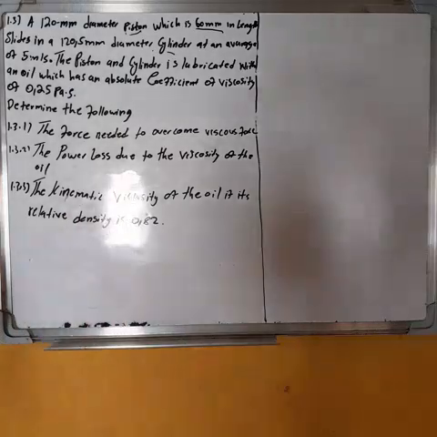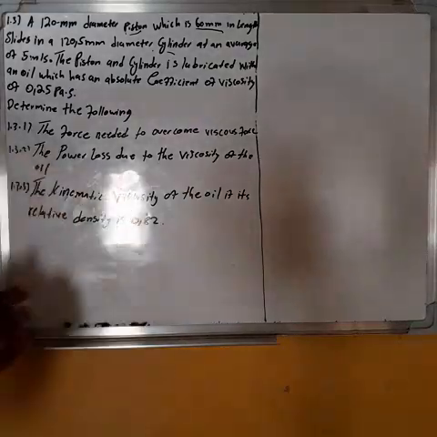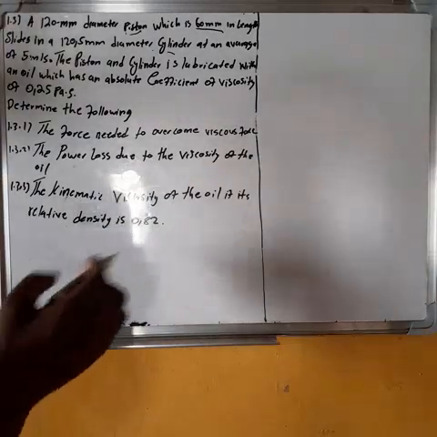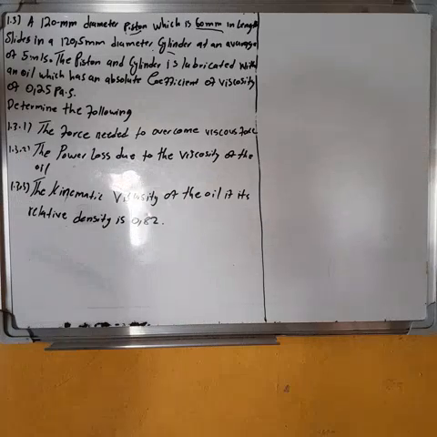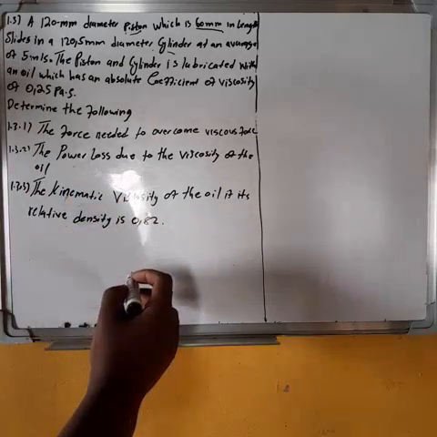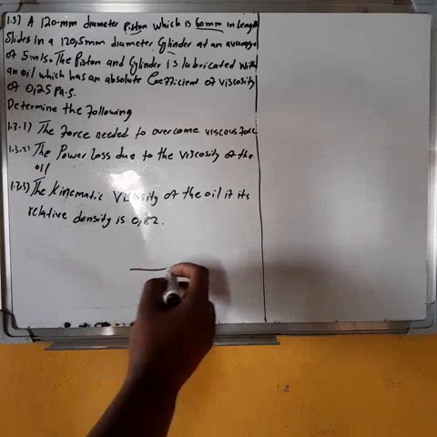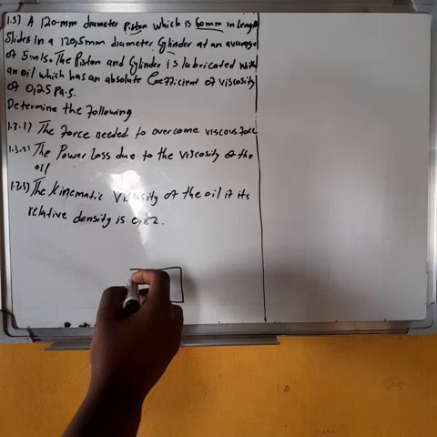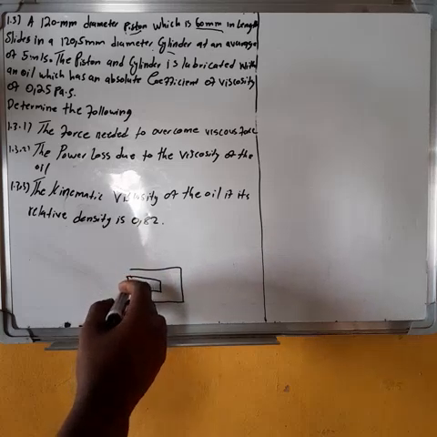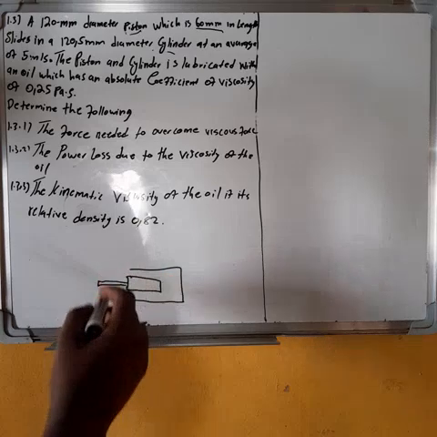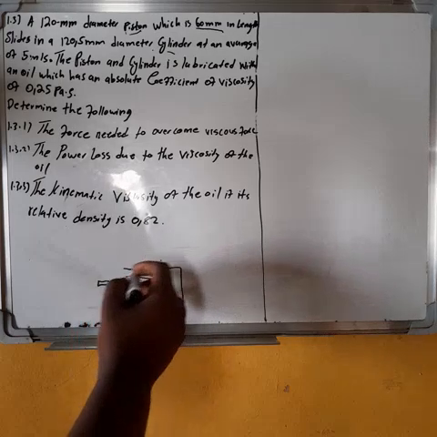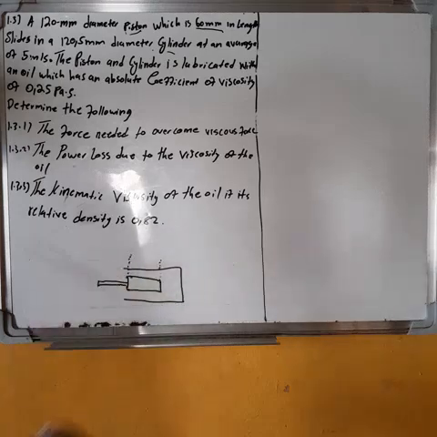Now let us unpack a bit what is happening here. I can draw. We have a cylinder, then there's a piston inside there. This piston must have a length.